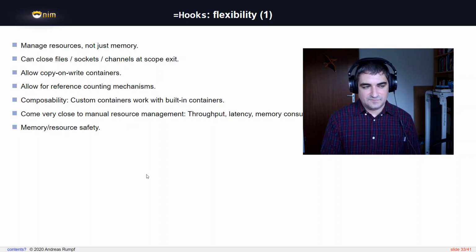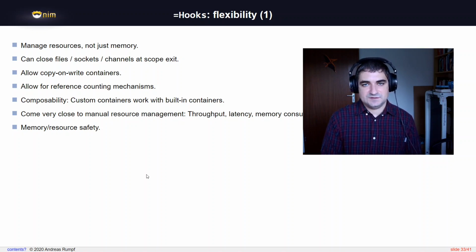But it's safe, like you cannot forget to close a file. You can close your sockets automatically at scope exit, or channels maybe. And you can use them, yes, not just to manage your memory, but to manage your resources, like file handles.